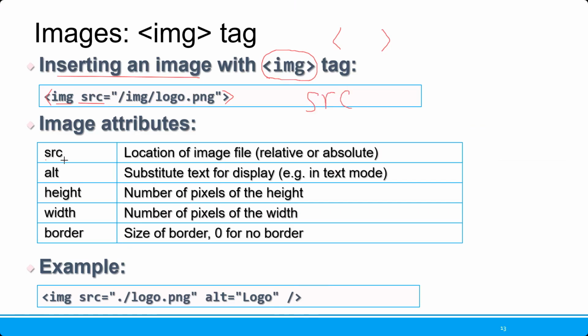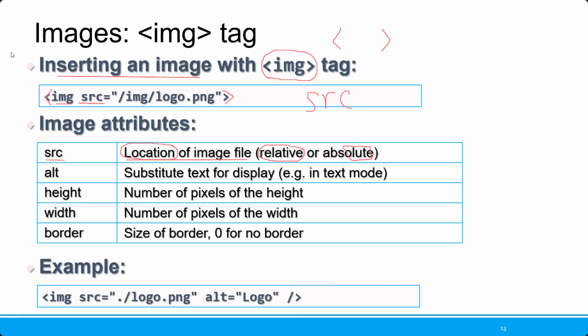So src means how you put your image file in your computer. So it is about the location. There are two kinds of ways to detect the location. It can be the relative location or the absolute location.